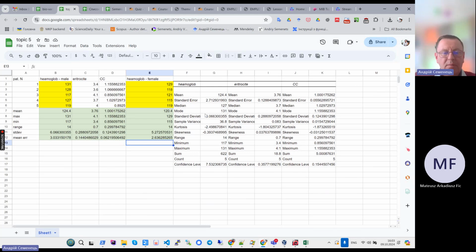to have the same descriptive statistics for the other group. And actually I need to calculate the full descriptive statistics one more time, because I need skewness and kurtosis, these two values. I have them for hemoglobin for male, but not for female. Let me make this calculation again.